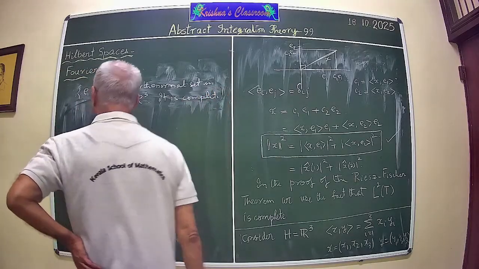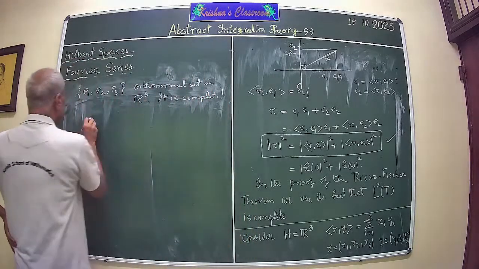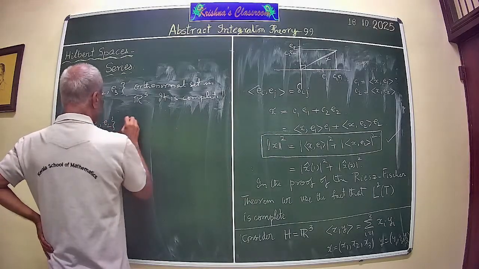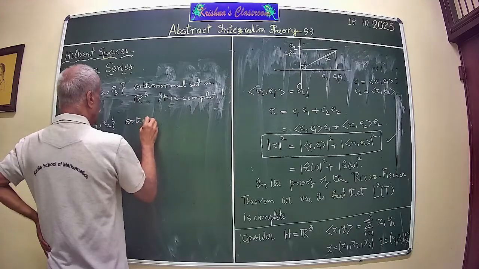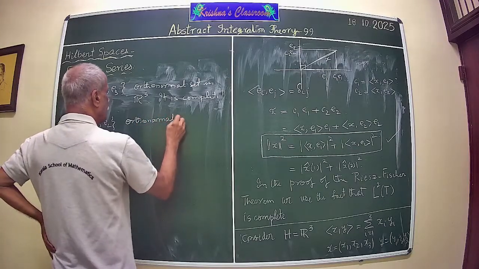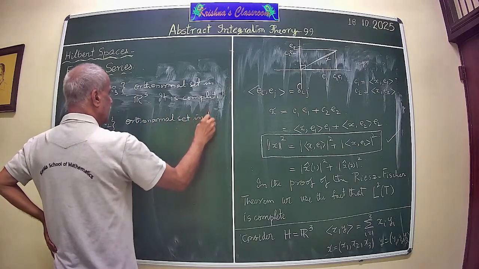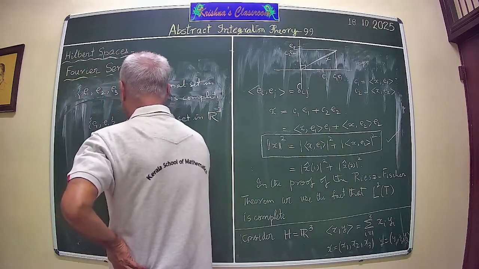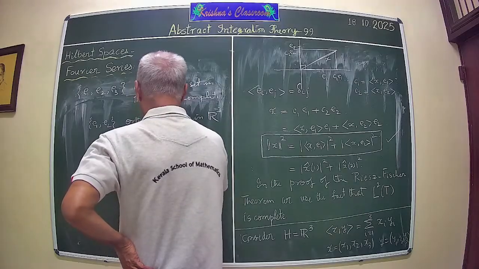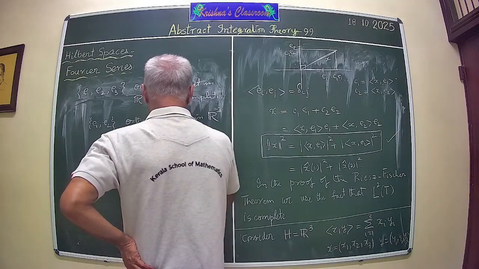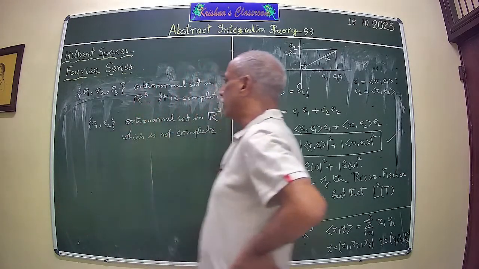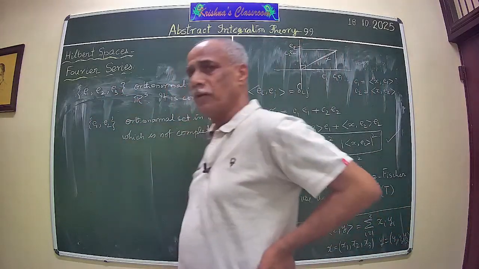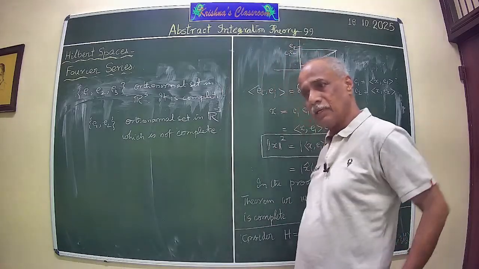But you see, if you just take E1, E2, this is an orthonormal set in R3, which is not complete. So you can find another vector E3 such that the larger collection is again an orthonormal set.